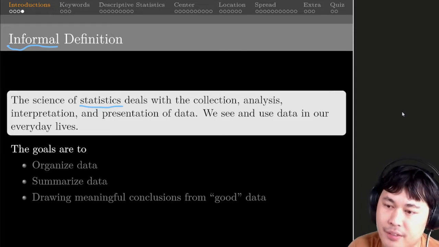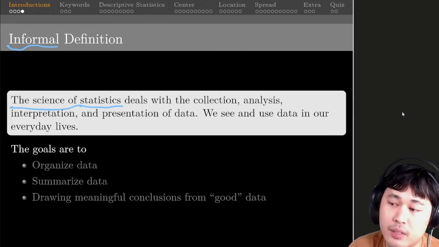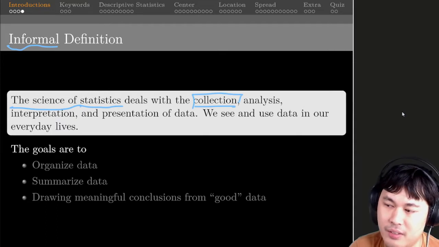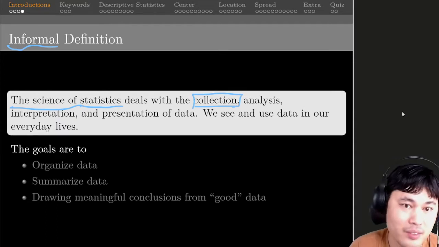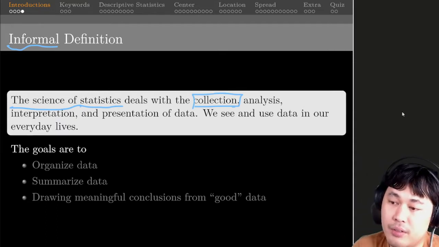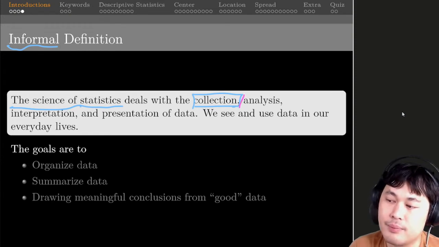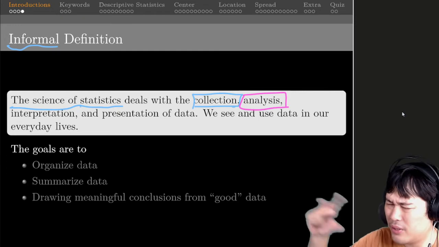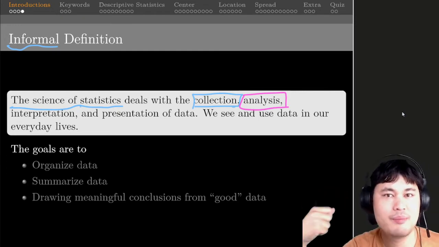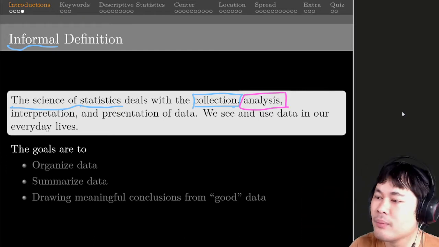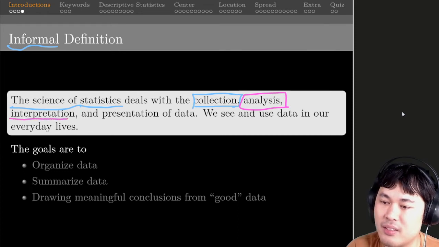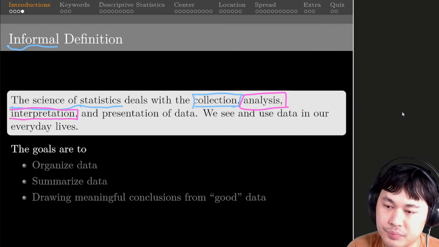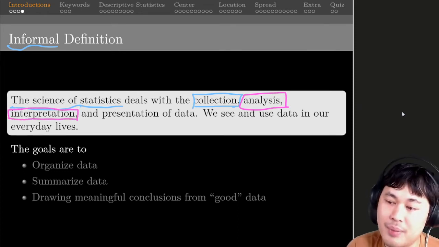It's a science that deals with the collection, which is maybe the first thing you think of when you think of the word statistics. Then we analyze: you put the information inside some app or tools, and then interpret it. What does it say about the data itself? And presentation.